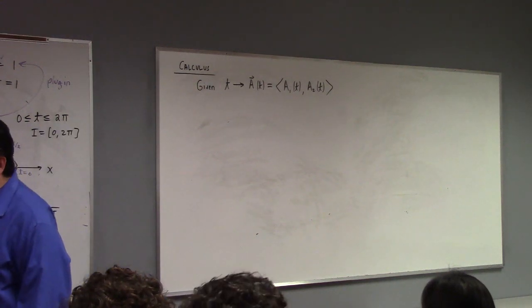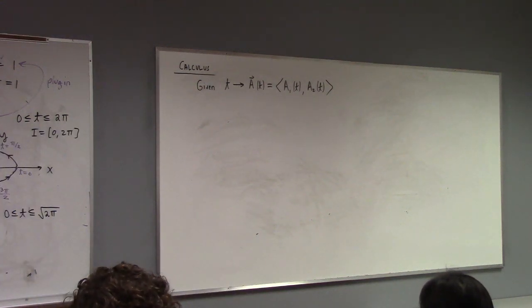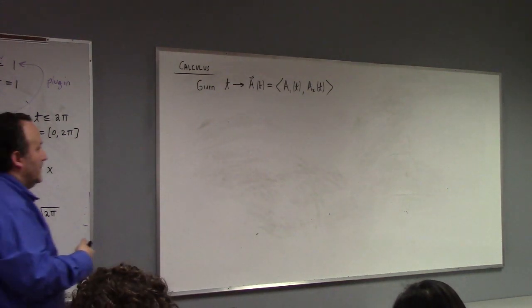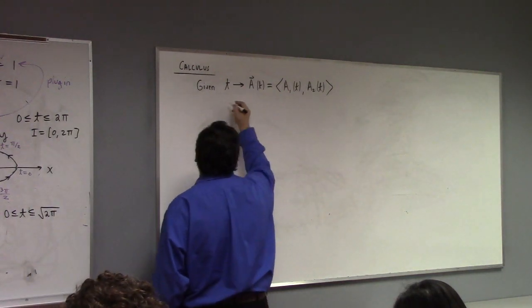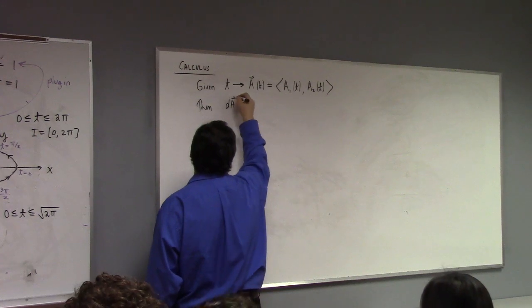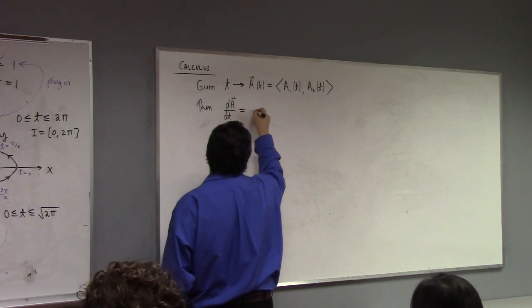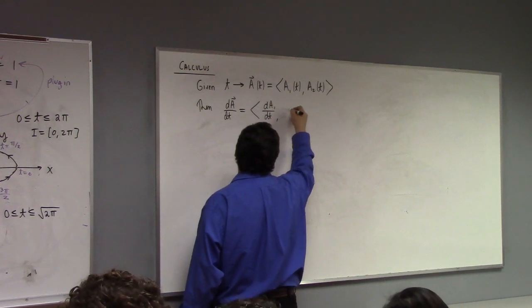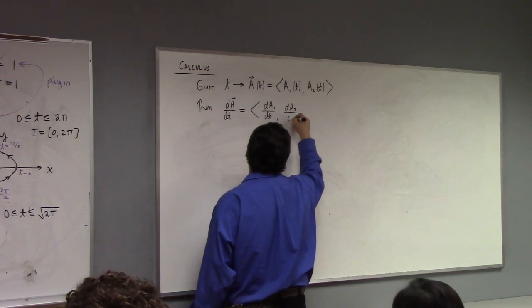This is a vector valued function of time. We can define derivative, we can define integral, but let me just stick to the derivative here. dA/dt is equal to dA1/dt, comma dA2/dt.